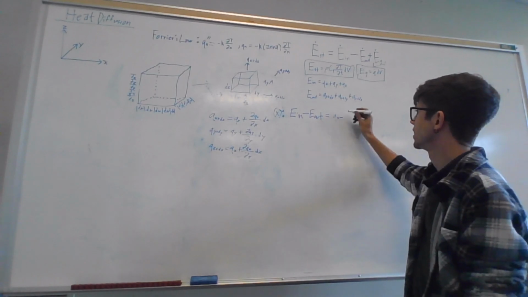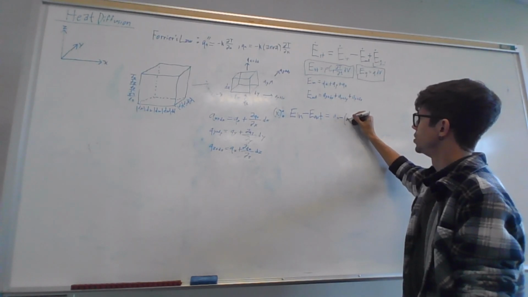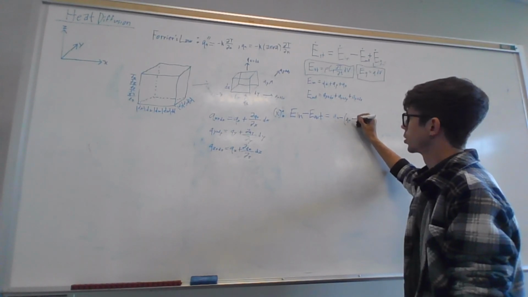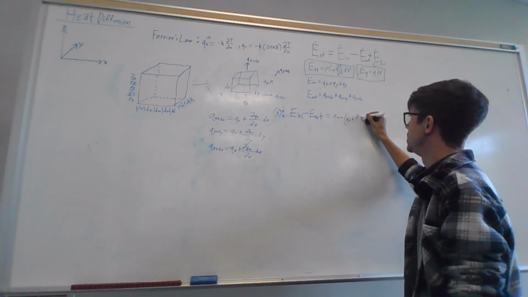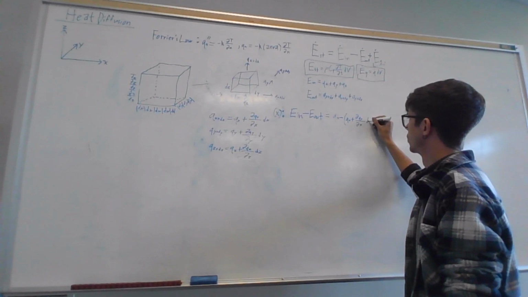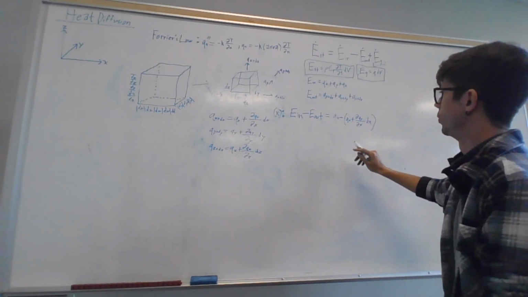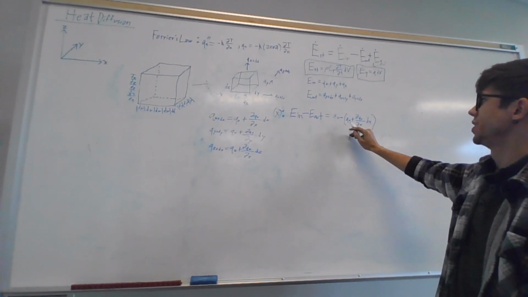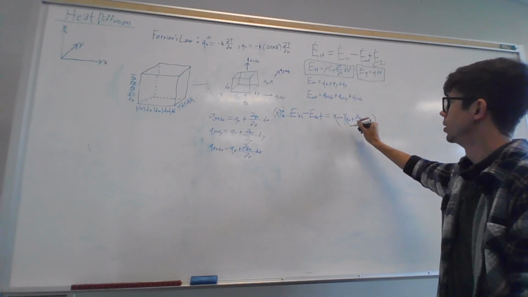So we said qx plus dx is equal to qx plus dqx/dx. Wonderful. Now we notice that we have qx minus qx, so this can cancel.